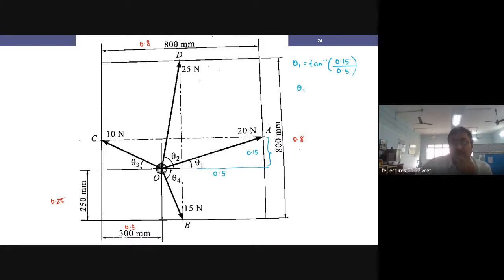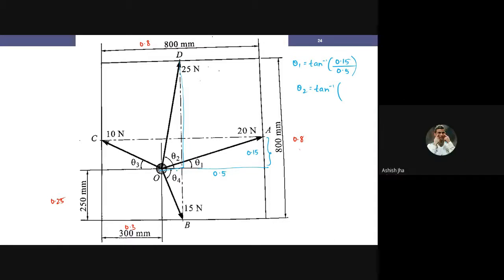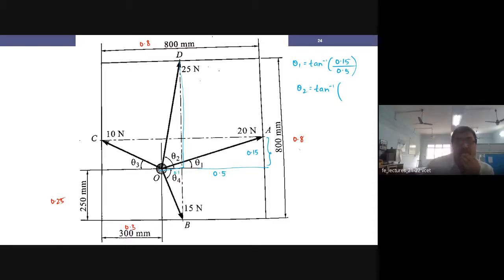Now I have to go for theta 2. For theta 2, which triangle do I have to consider? I have to consider this triangle, right? In that triangle I have the angle theta 2. What is the horizontal distance? Can you tell me? 0.1. Yes, 0.1. And what about the vertical distance?